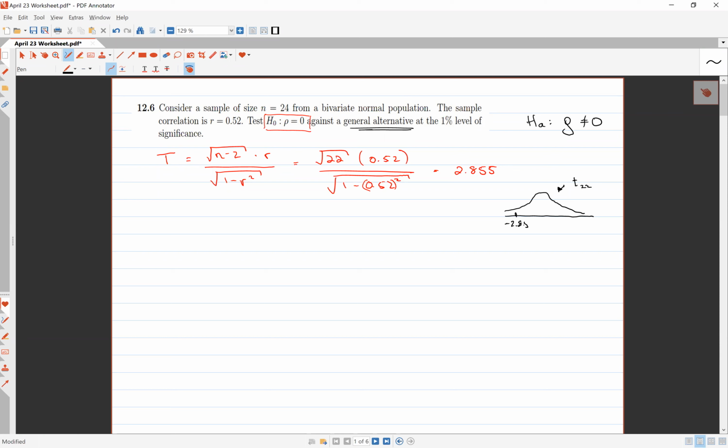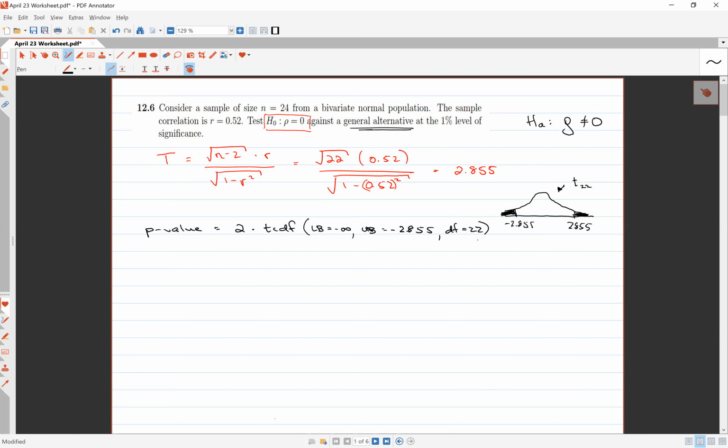And for a two-sided test, our p-value is given by the area in both of the tails. So to the left of the negative value associated with the test statistic and to the right of the positive value associated with it, which in this case means our p-value can be calculated as 2 times using the TCDF function on your calculator, lower bound negative infinity, upper bound negative 2.855, degrees of freedom 22.